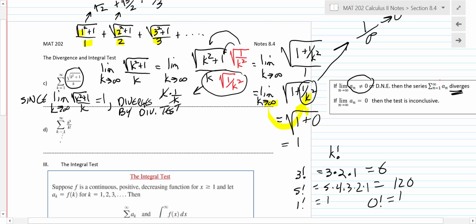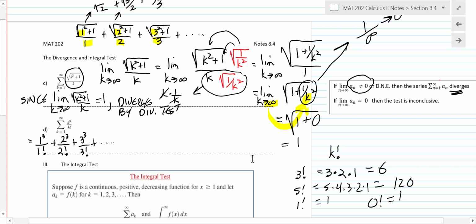Now what I want to do on this one is write out some of the terms, just to get started before we do the divergence test. When k is 1, you're going to have 1 to the third over 1 factorial. Then k equals 2, so you'll have 2 to the third over 2 factorial. And then 3 to the third over 3 factorial and so forth.